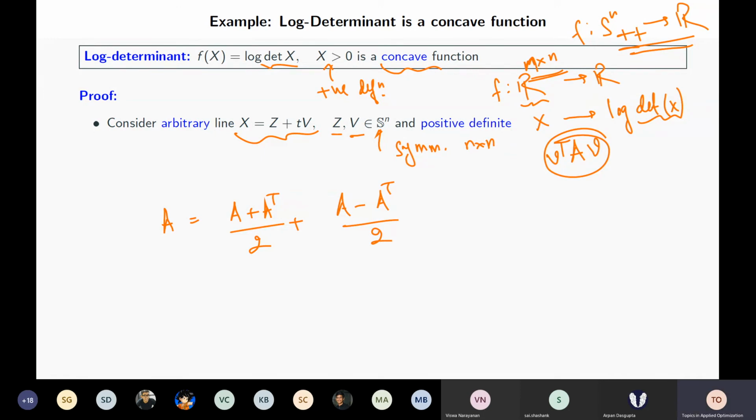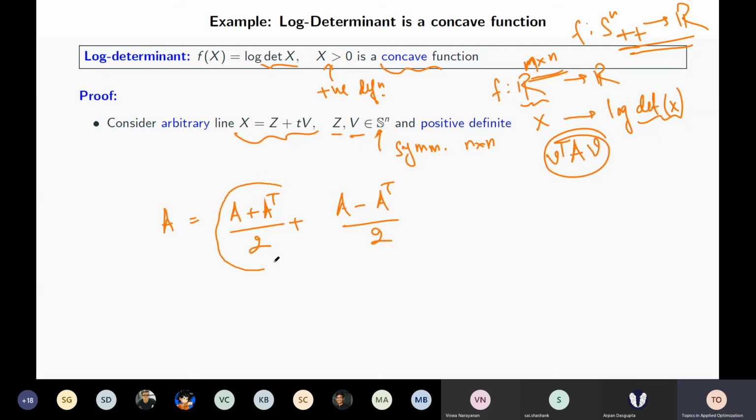Is this correct? This is correct, right? So I can write any matrix A like this. Now what you observe is that this is symmetric.